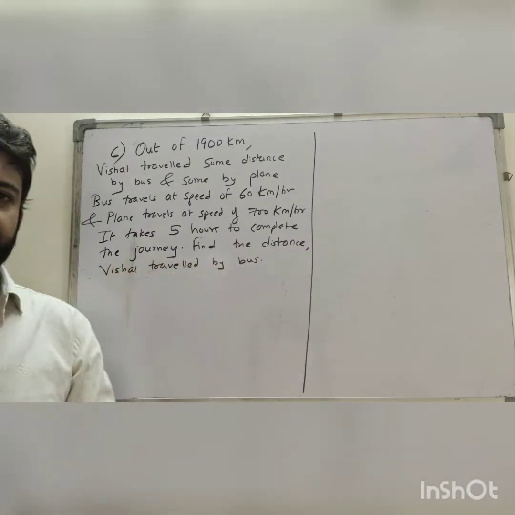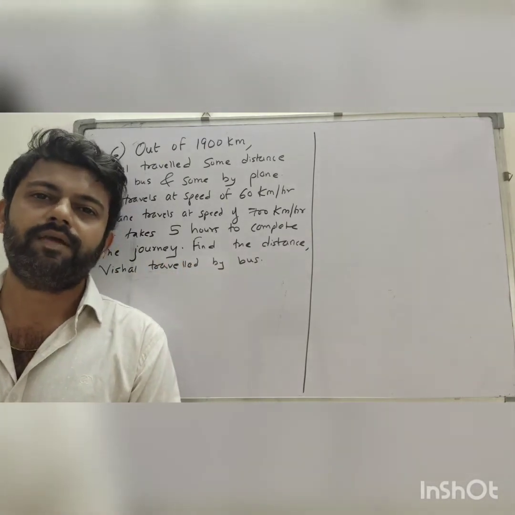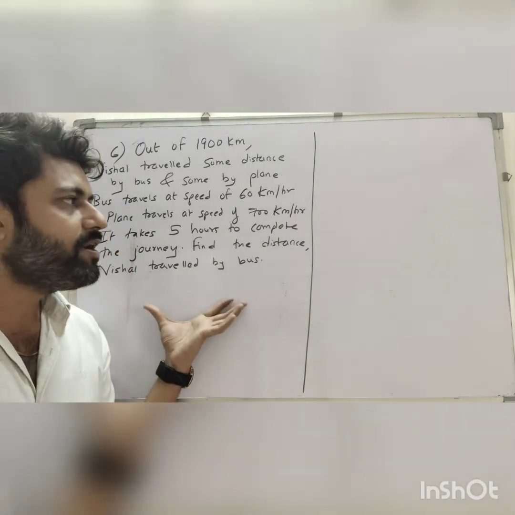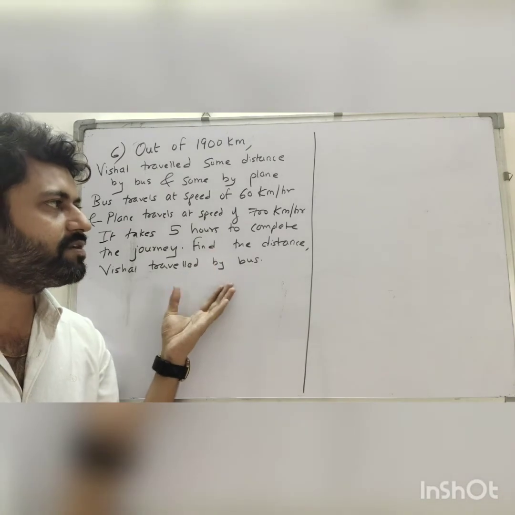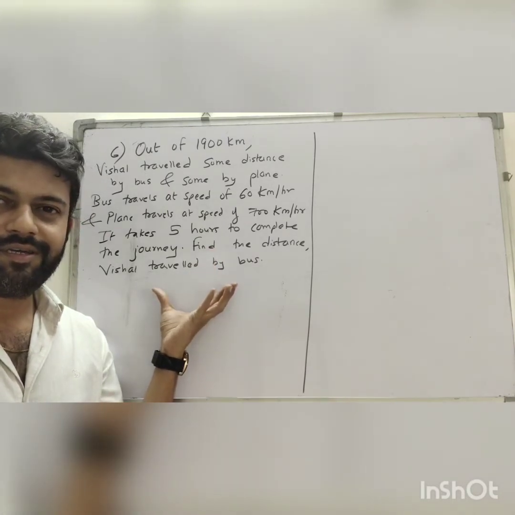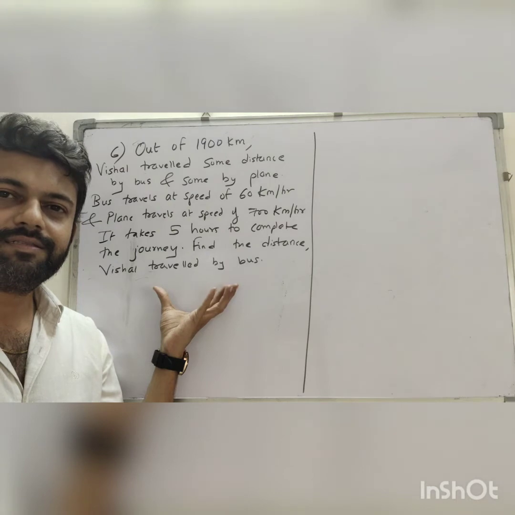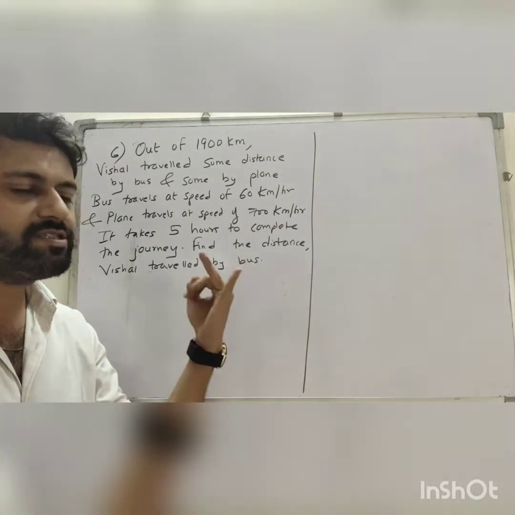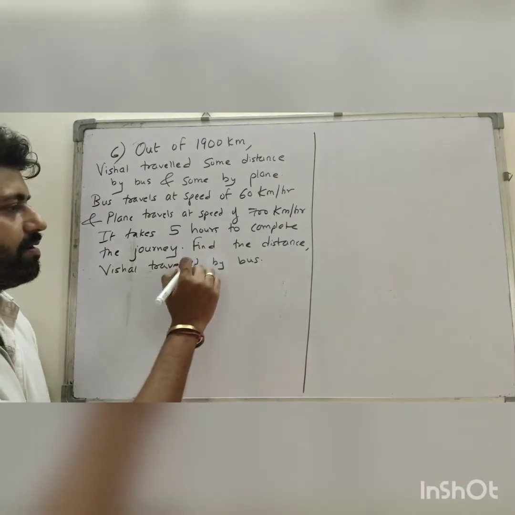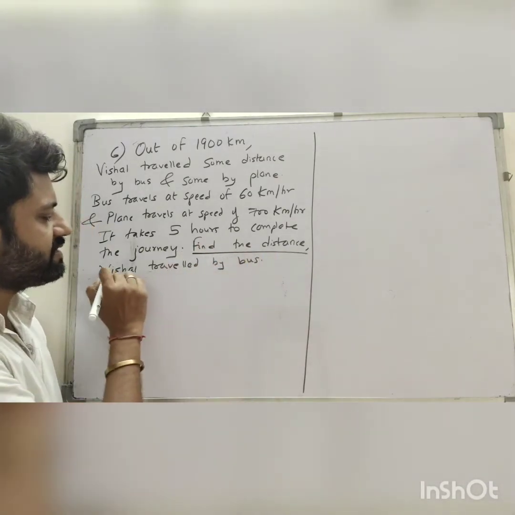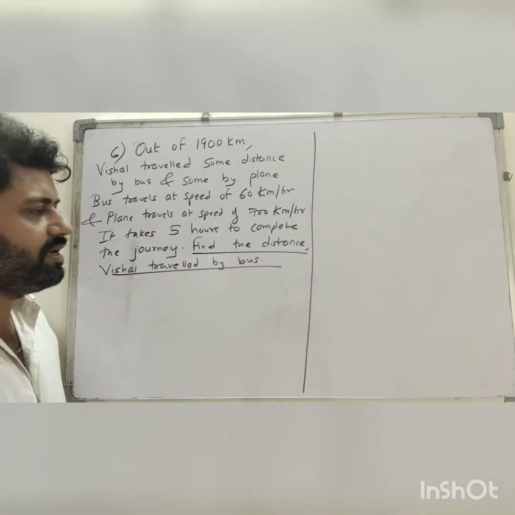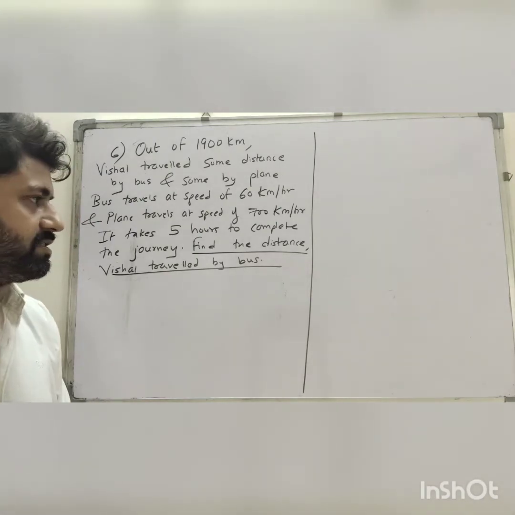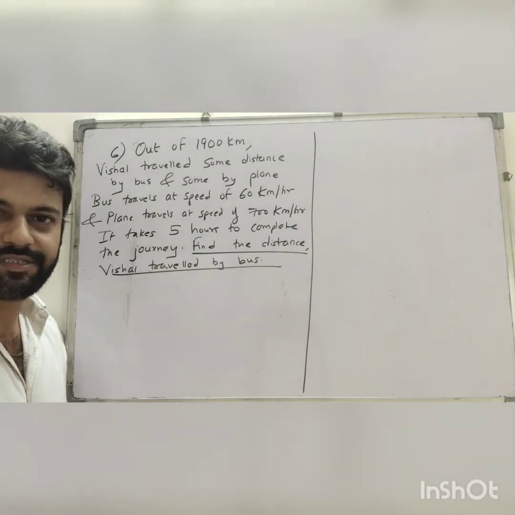Sum number 6, the last sum in practice set 1.5. If you read from your textbook or from the board, you clearly come to know that the sum is based on time, distance, speed. The main question they have asked is: find the distance travelled by Vishal by bus.